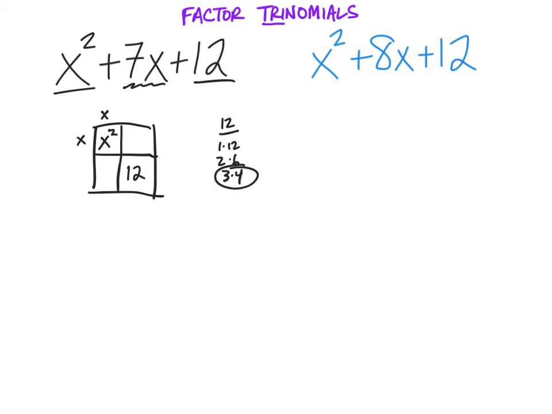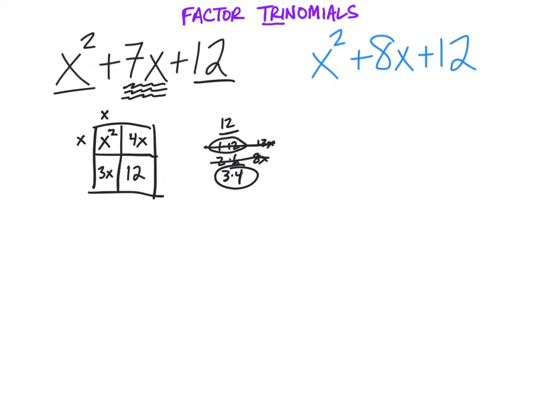If I put 3x in this corner and 4x in that corner, it doesn't matter which one, I now have 7x. That wouldn't have been the case if I did 1 and 12. That would have got me 13 x's, and that would not have worked. 2 and 6 would have got me 8 x's. That would not have worked. But 3 x's and 4 x's gives me the 7 x's that I have up in my trinomial.